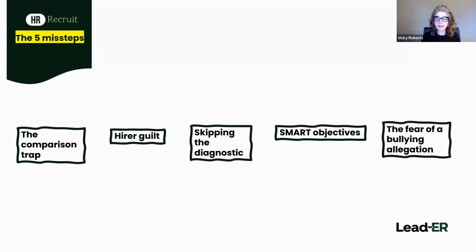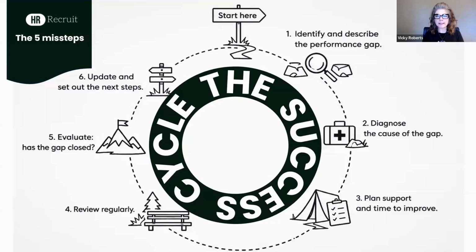All right, let's have a look at all of these then. So in terms of an overarching tool that I find is a real game changer when it comes to managing performance, whether it's in the probationary period or more day to day, I call it the success cycle. You'll know it as the performance management cycle. It's pretty standard fare, I guess.